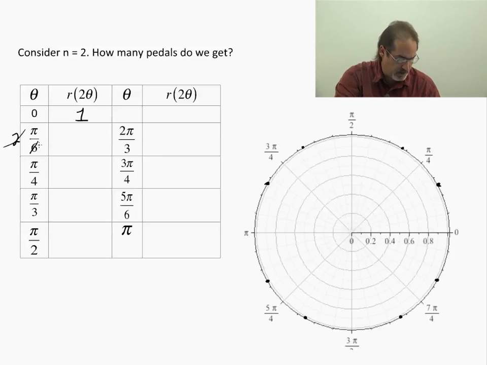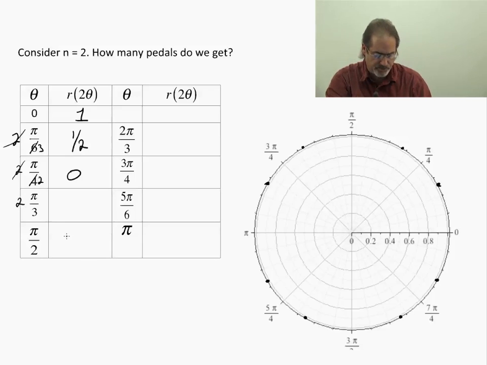Cosine of pi over 3 is, of course, a half. At pi over 4, 2 times pi over 4 is pi over 2, so I'll get a 0. At pi over 3, I have 2 times pi over 3, which is, again, a half. Actually, it's a negative 1/2 because I'm in the second quadrant now.